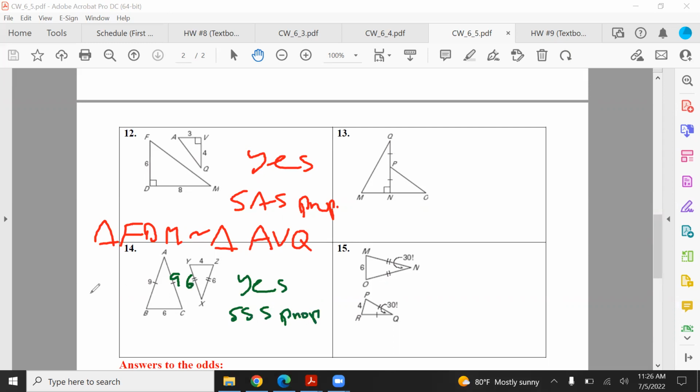Yeah, because you have 9 to 6. If you compare these two here, it equals 6 to 4. And you compare these two.